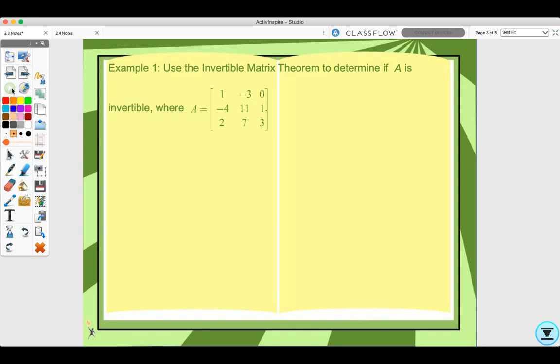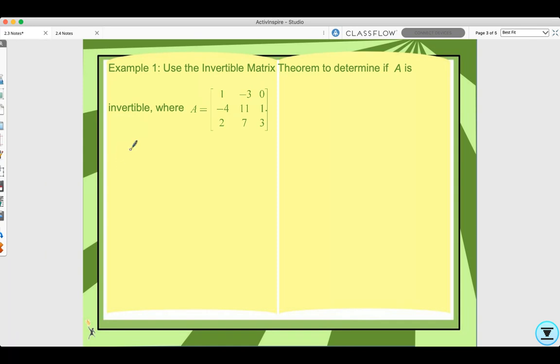Use the invertible matrix theorem to determine if A is invertible, where A equals 1, -4, 2, -3, 11, 7, and 0, 1, 3. So first, I have A, which equals 1, -4, 2, -3, 11, 7, 0, 1, 3.